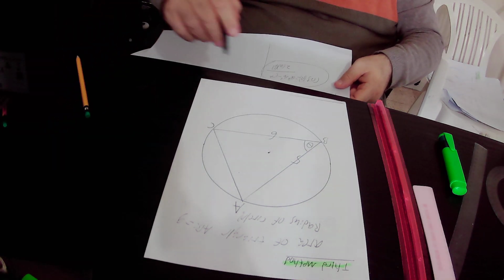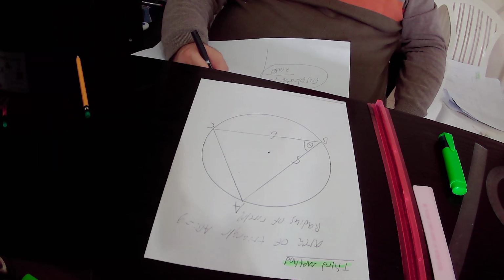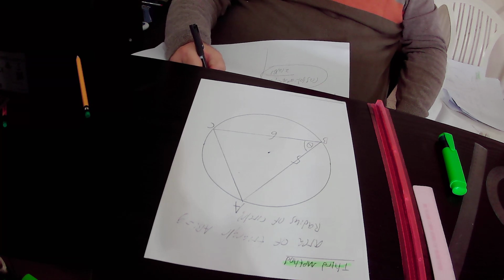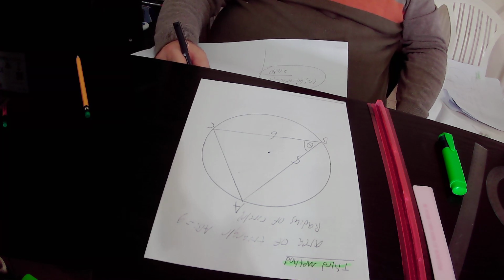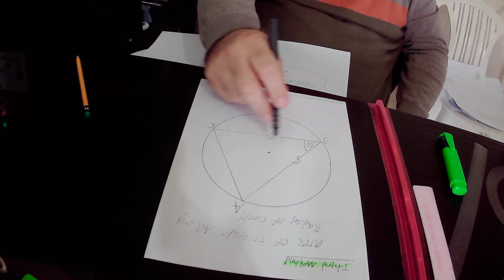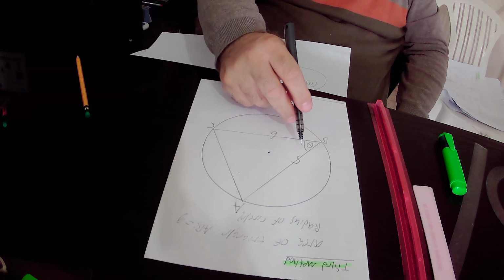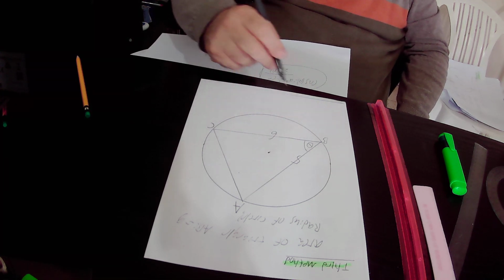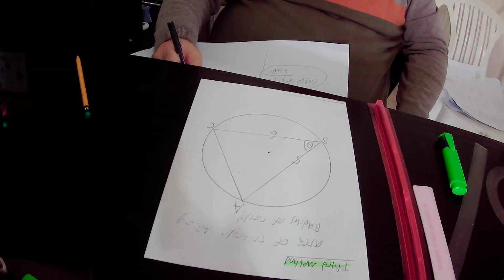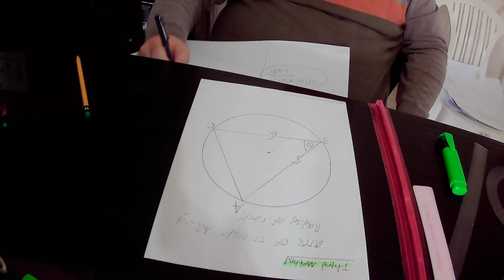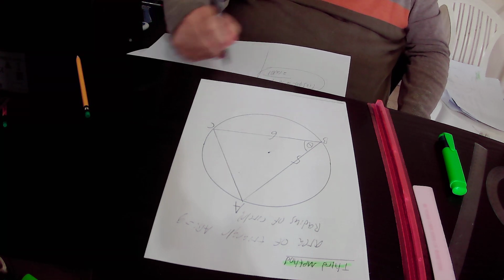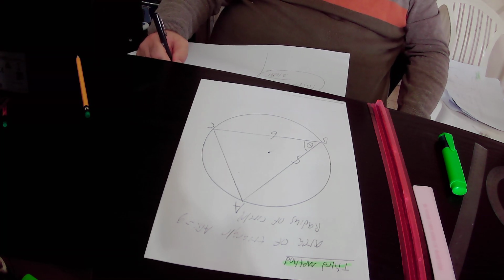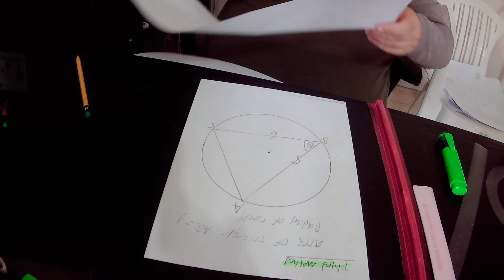So in our triangle ABC, according to the law of cosines, cosine theta will be equal to 5 squared, that is, AB squared is 5 squared, that is 25, plus 6 squared, that is 36, minus AC squared over 2 times 5 times 6. Okay?